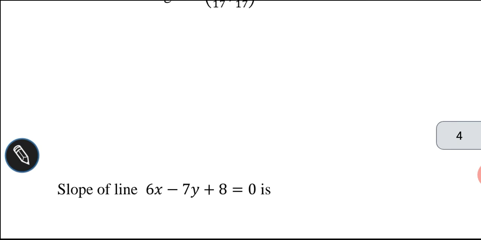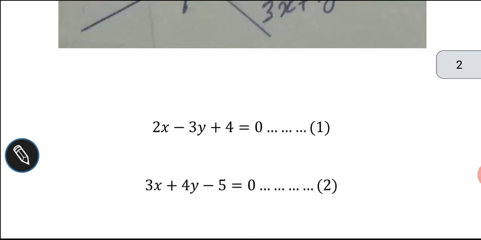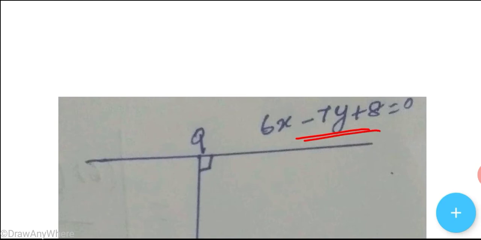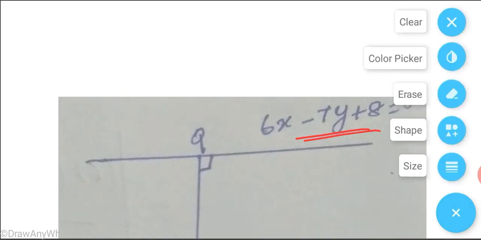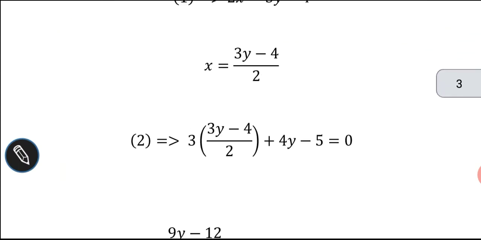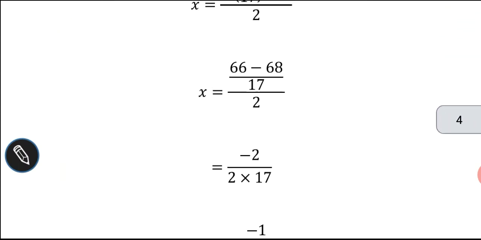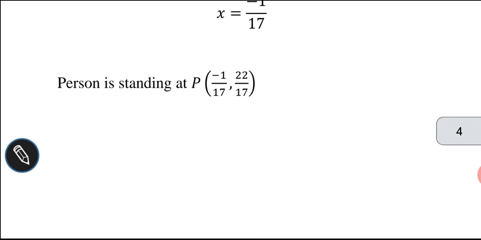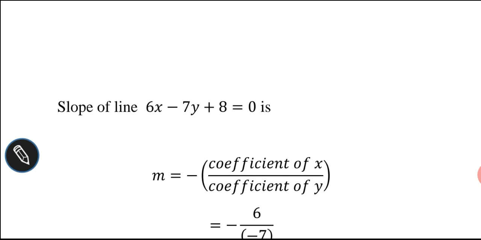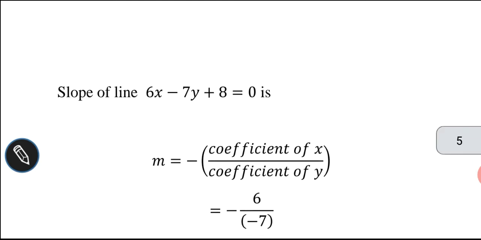Another piece of information: this is the line. First we have to find the slope of this line. The formula to find the slope of the line is m is equal to minus coefficient of x divided by coefficient of y.